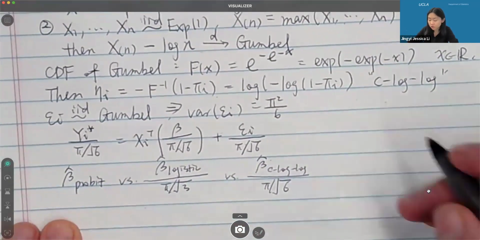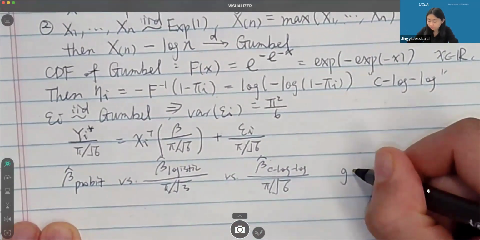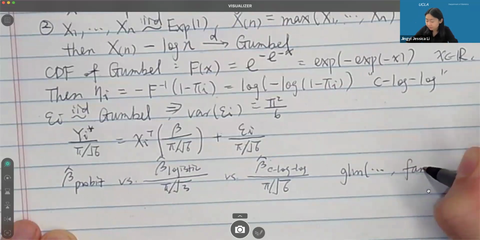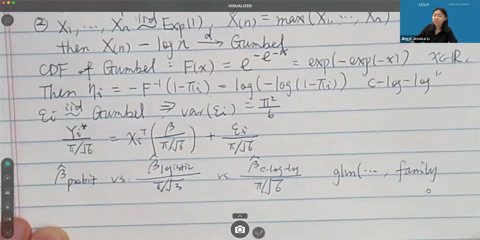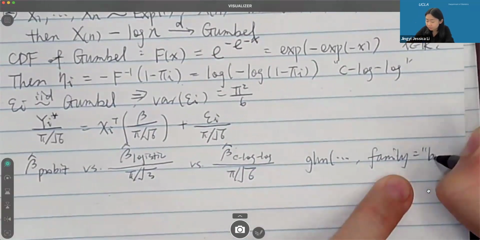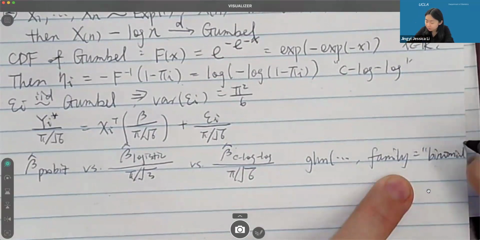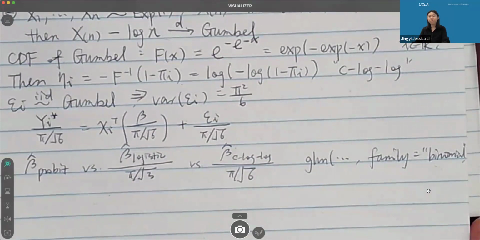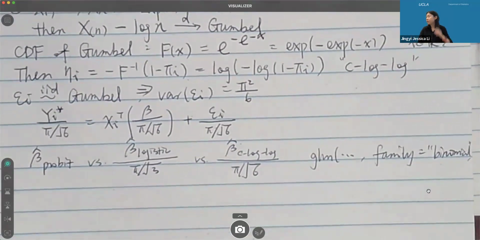So in R, in the glm function, you have some arguments, but two things you need to specify. One is the family, which is about the random structure, what distribution. Here you want to say binomial. Binomial is the general form for Bernoulli, right? Bernoulli has n equals 1, and binomial can have n greater than 1. If you remember, when we talked about grouped binary data, we used binomial.